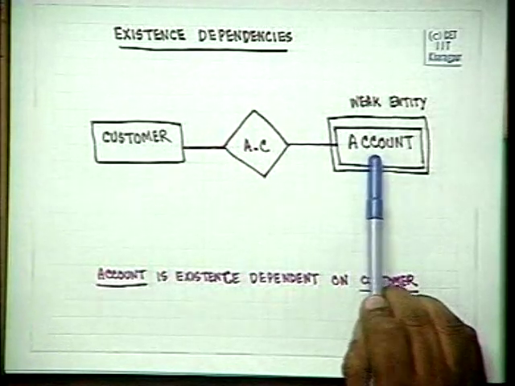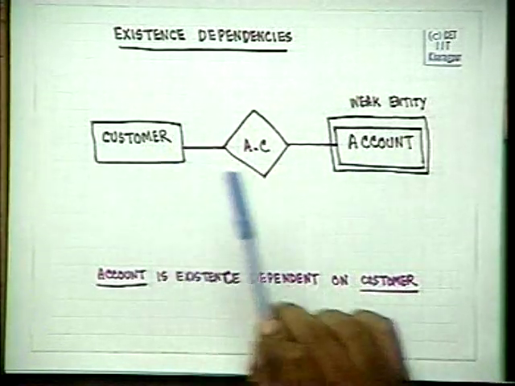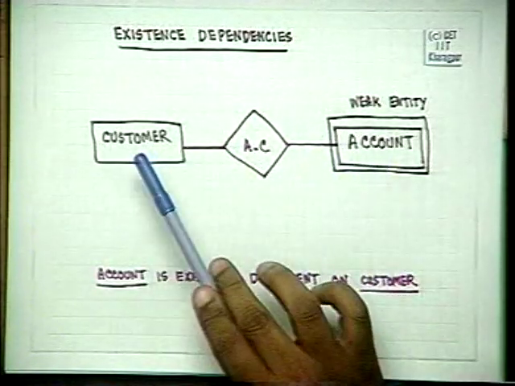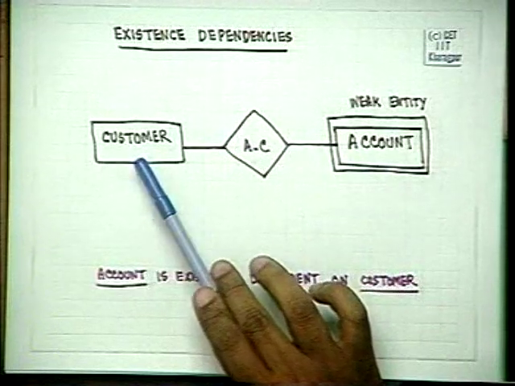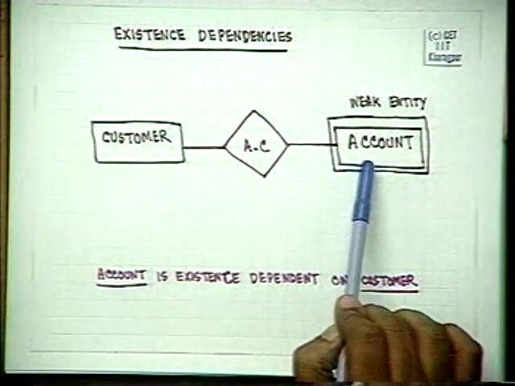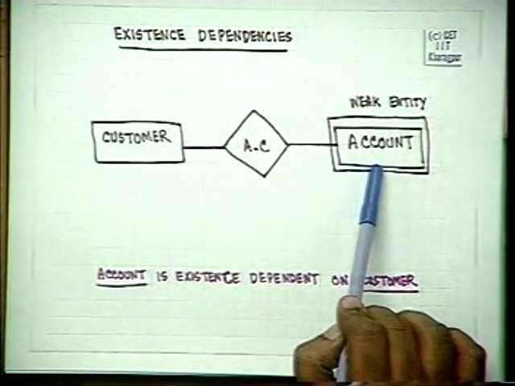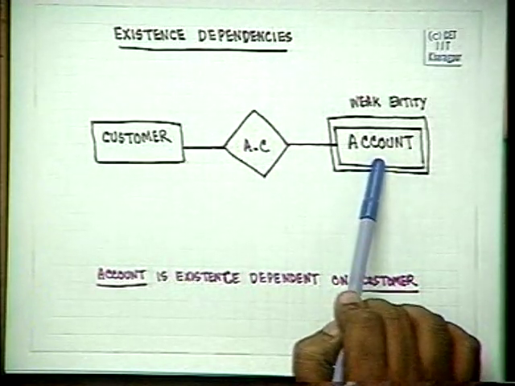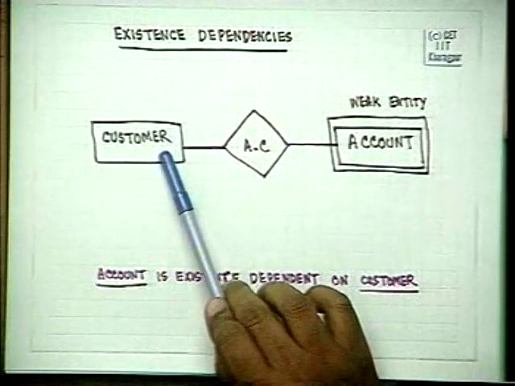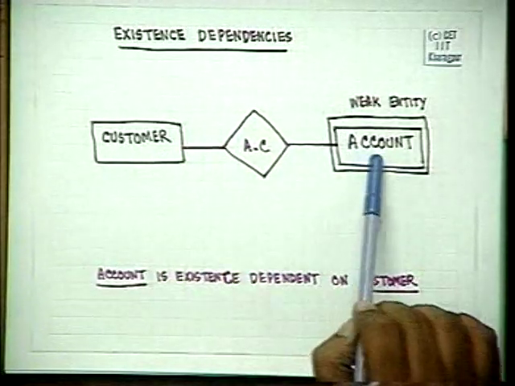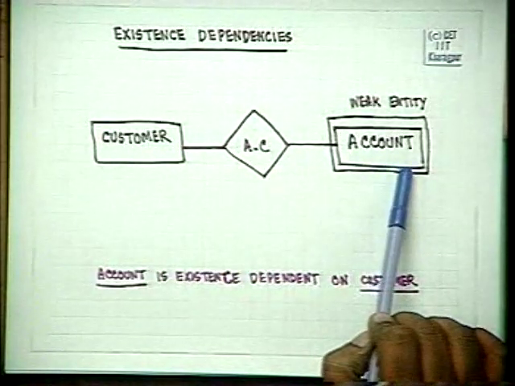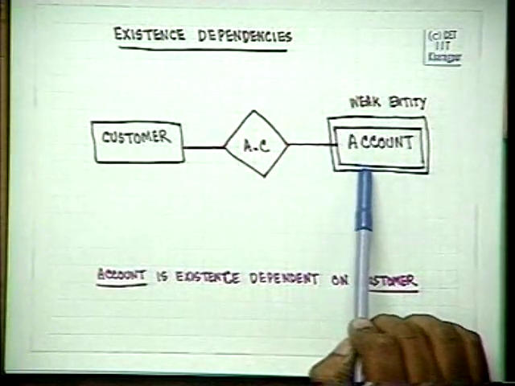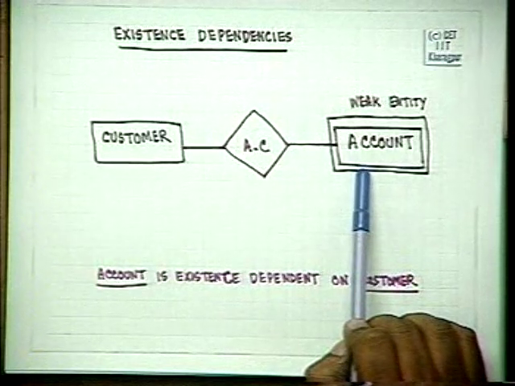Because every account must have a customer, and this account is directly related to the customer, for every account you just give the customer primary key, you will identify the account, in the sense that each entity in this entity set does not have a primary key.